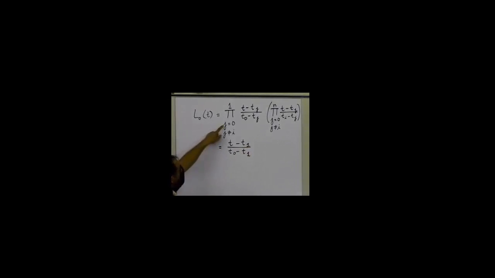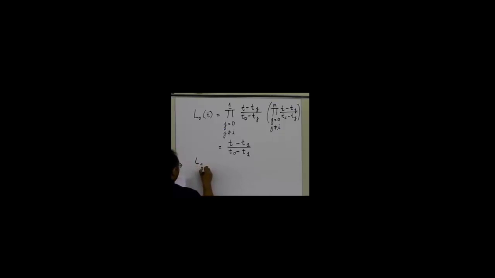Because when j is equal to 0, j is not equal to i, so I cannot choose j equal to 0, because i is equal to 0. That's why this term is not going to be taken. So the next term will be j equal to 1, so that's why I have t minus t sub 1 and t naught minus t sub 1.